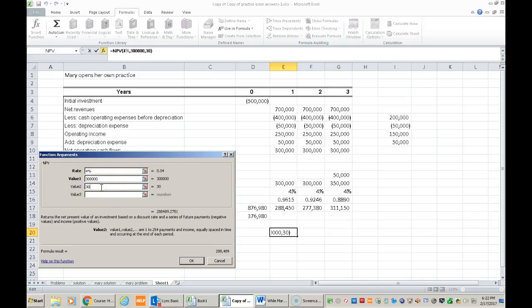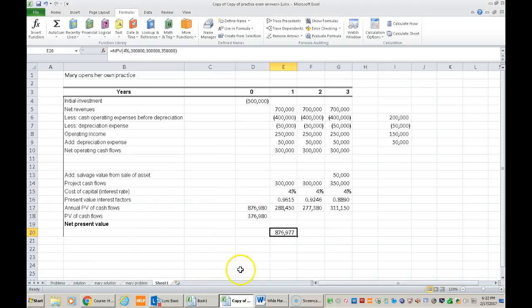In year 2 it is $300,000, and in year 3 it is $350,000. If you had multiple years, you would just keep entering in the years, and you would scroll down over here to be able to do that. You can see it goes up to 102 right here on this screen. But we're all set. We did the 3 years, 4%, and let's hit OK.